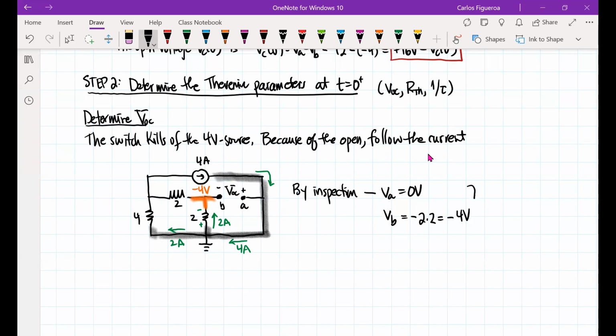From these two, VOC should be VA minus VB. I get 0 minus minus 4, which gives me plus 4 volts. And here's my VOC.